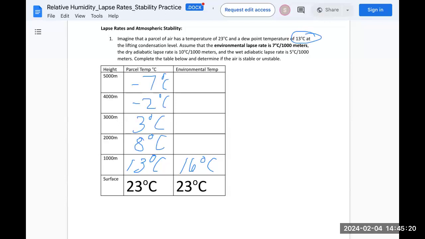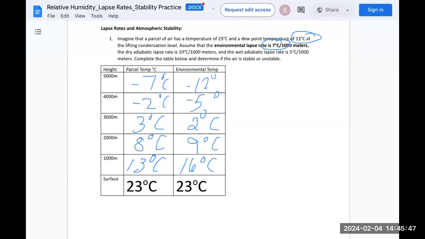For the environmental temp, that's the easy one. You just subtract off 7 the whole time. So I'm going to have 9 here, and then I'm going to have 2 here, and then I would be at -5, and I would be at -12, if I did my math right.